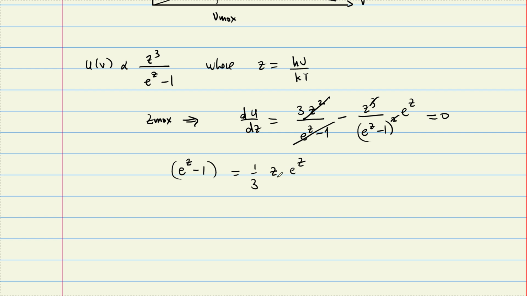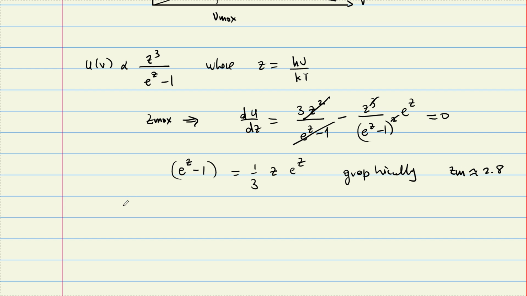And you can find this graphically, for example, just plot this side and this side and find the intersection. Graphically, I found z max to be around 2.8.